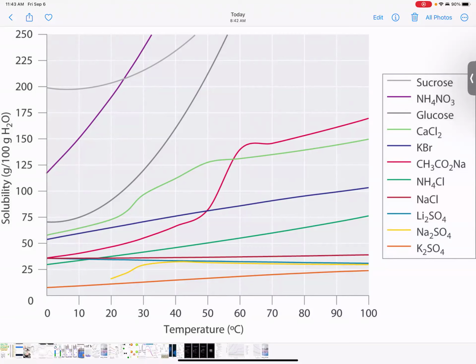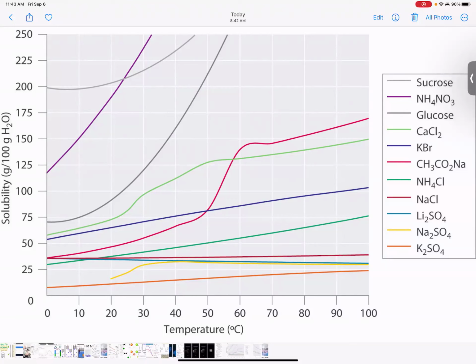So what was just mentioned is you have three solution types. You have an unsaturated solution. An unsaturated solution occurs when you can dissolve more into the liquid.